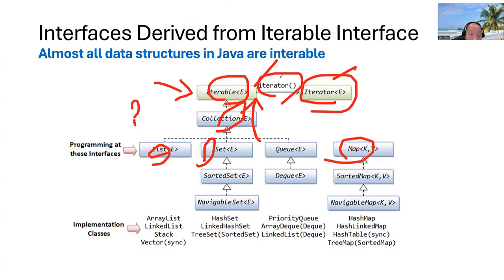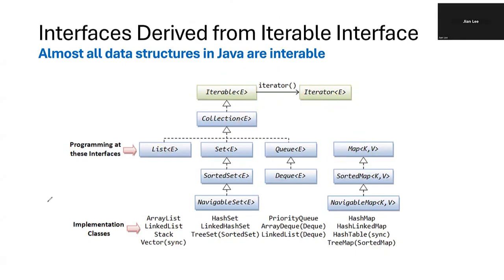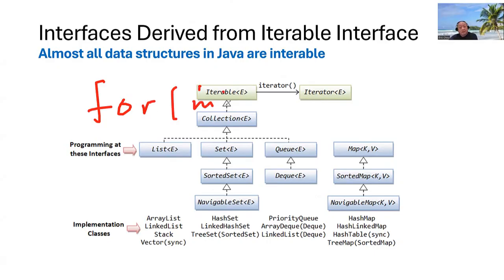So Tiang, what's the advantage of being iterable? You can loop through it using for loops and for each. I think you can use advanced for loops if it implements Iterable. A regular for loop, for integer i equals 0, you don't need to be iterable.